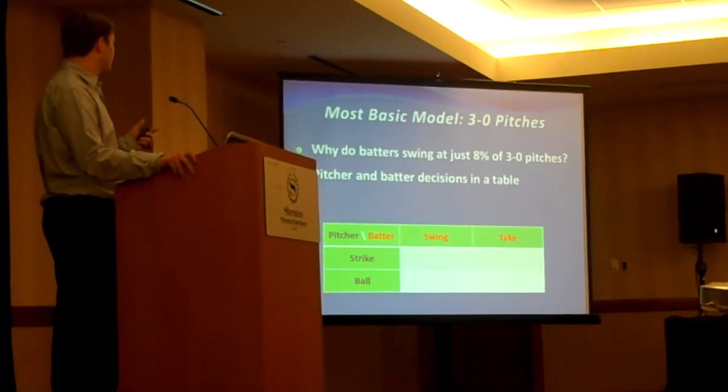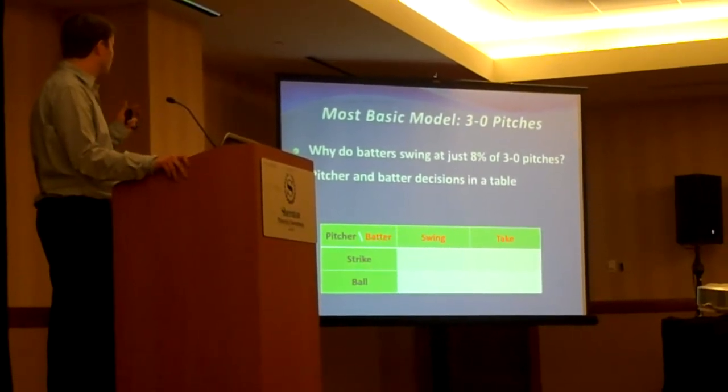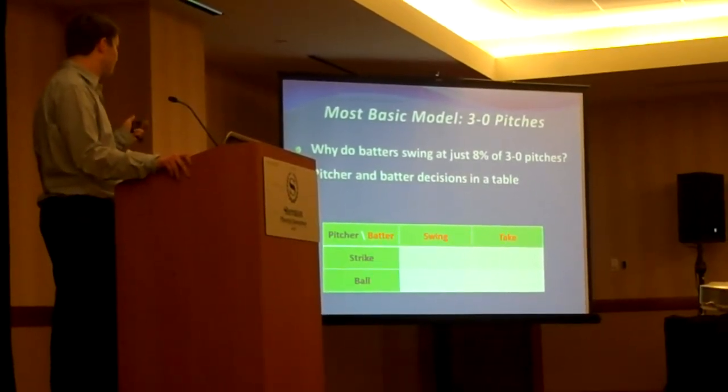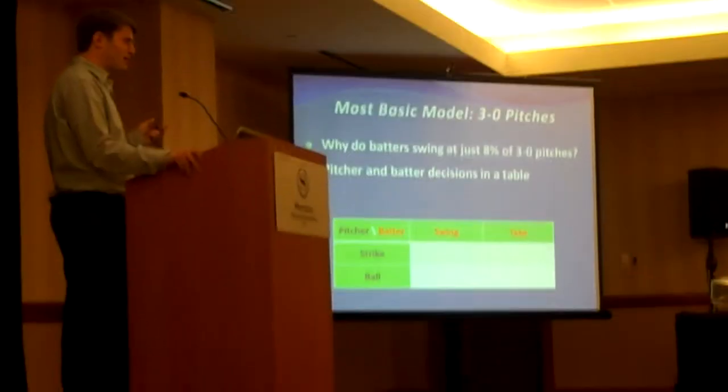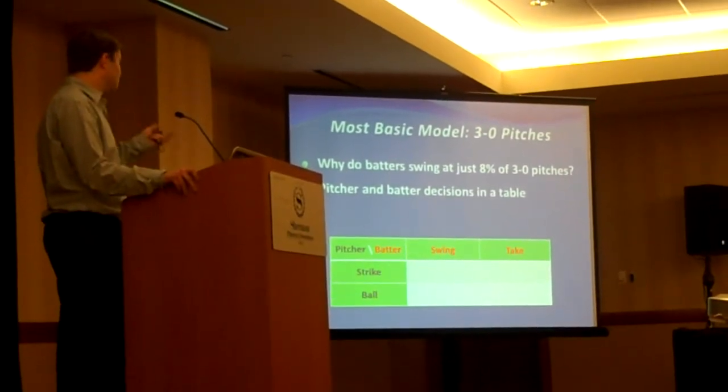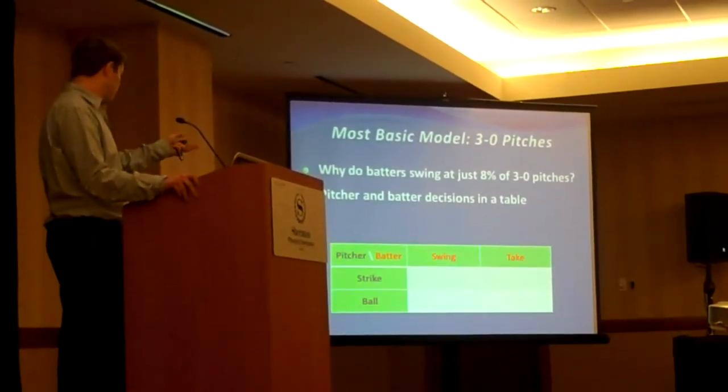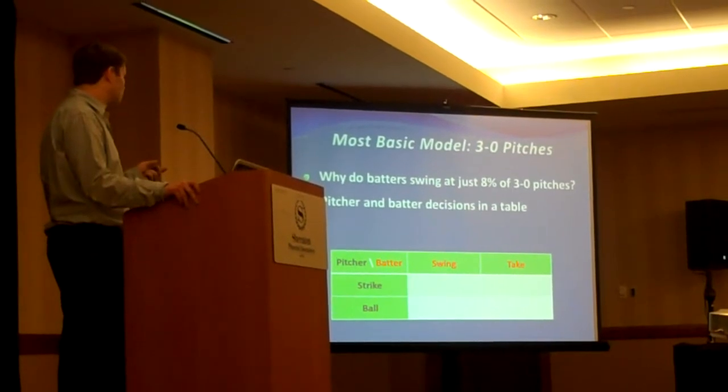So the best case scenario for the batter is ball take, because he gets a walk for it. The worst case for the batter is taking a swing at a ball out of the strike zone. So we'll give him 4 points, utils, whatever, for ball take and 1 for ball swing.